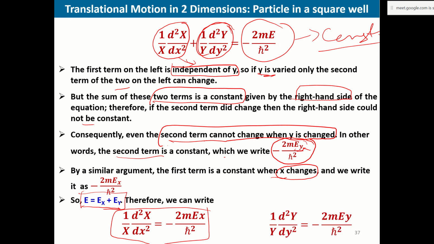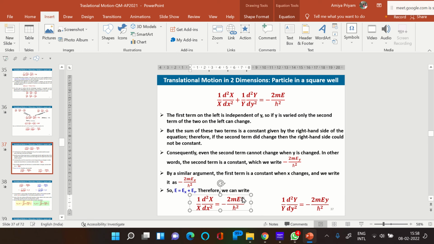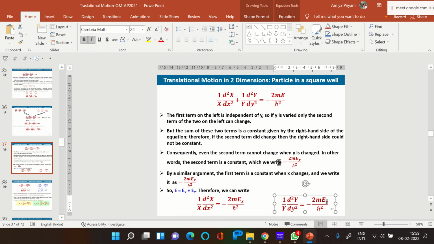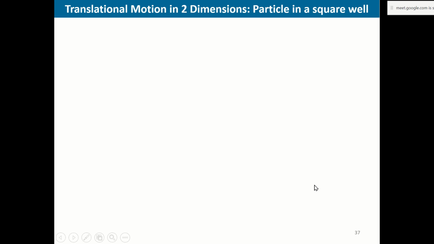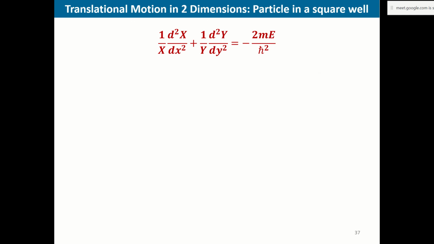Here x is a subscript, sorry, there is a small mistake in the typing, so you should take E as a subscript, not a multiplication sign. Okay, so treat it this way, like this.